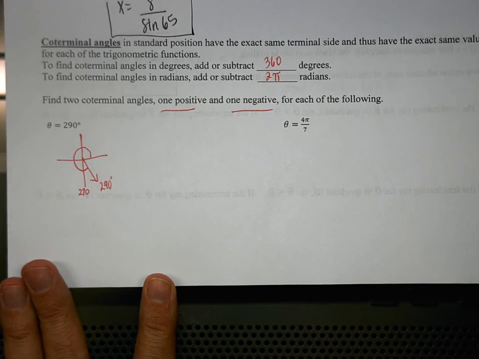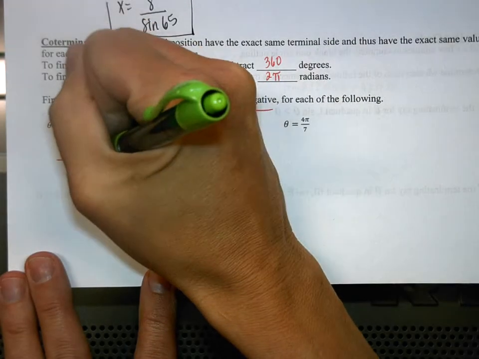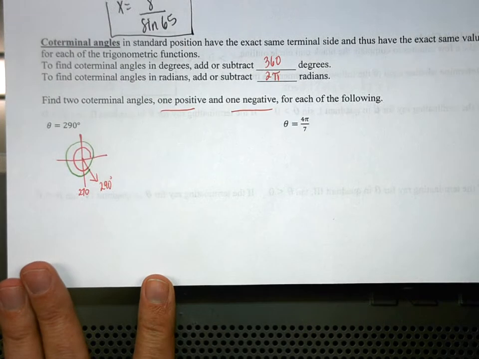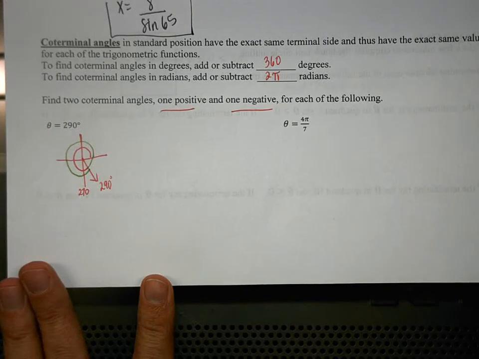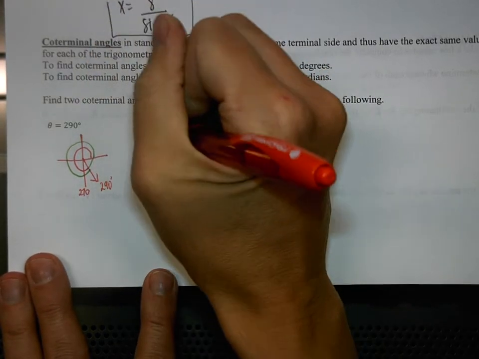So a coterminal angle is where you would end up going around again and still ending at that mark, but it's going to be a different degree because it's gone around the circle one time and ended back up at the same spot.